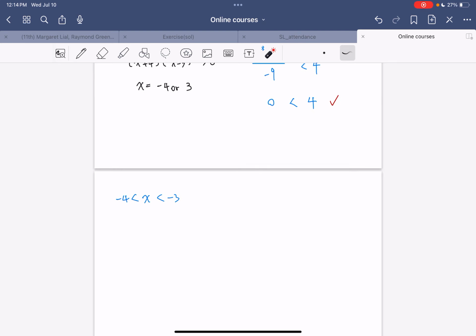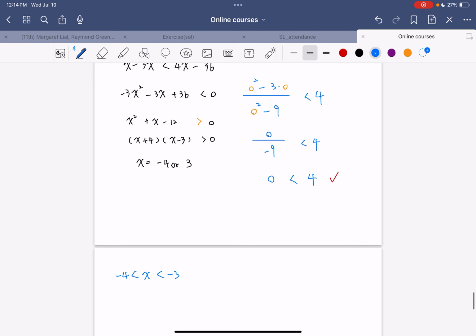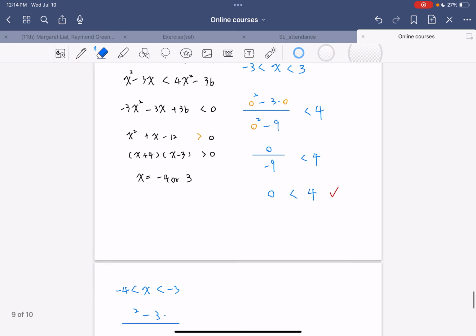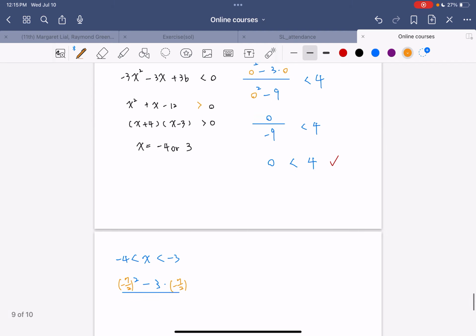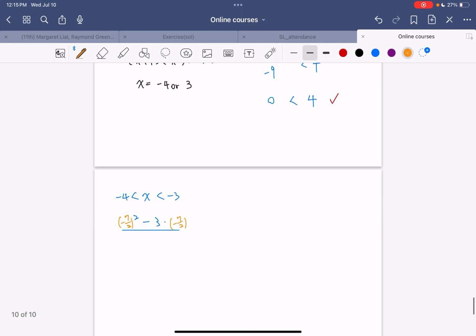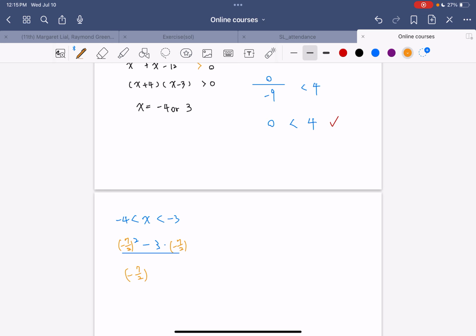So we rewrite the equation. x square minus 3 times x, which is minus 7 over 2, and for the denominator is minus 7 over 2 square minus 9.